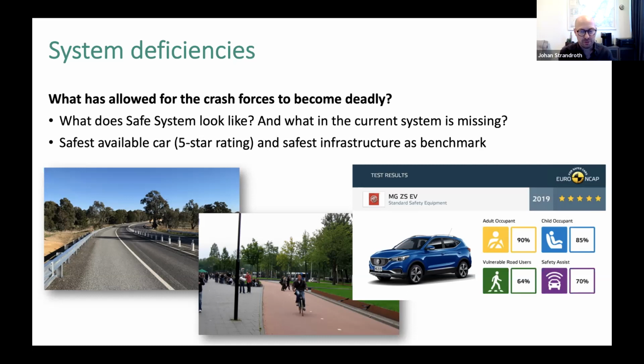A safe road looks a certain way if you're on a rural highway, a high-speed road, or in a rural low-movement context, or if you're in a high place value situation in an urban area. So it looks quite different, and that's something that we need to practice to understand: what if the road environment was safe, what then would have happened.